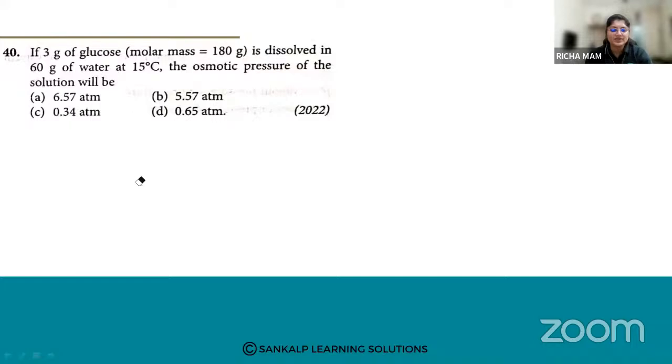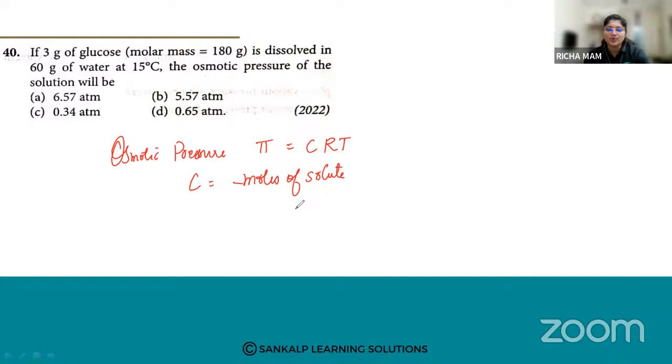We know that osmotic pressure is given as pi equals CRT. Concentration is the moles of solute upon the volume of solution in liter. Number of moles is given weight upon molecular weight.